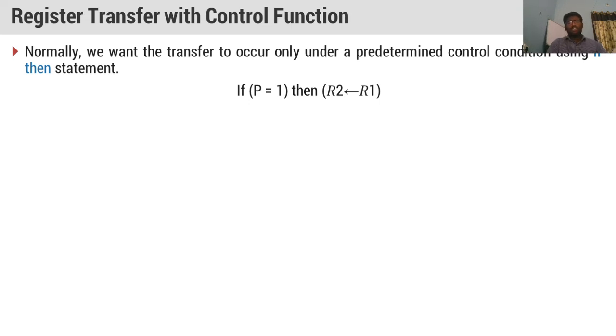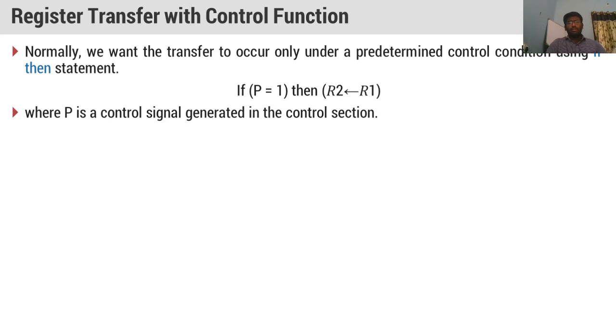That is also called a conditional variable. If P equals 1, content will be moved from R1 to R2. P equals 0, no data transfer will take place. So P is a control signal generated by the control unit or in the control section.